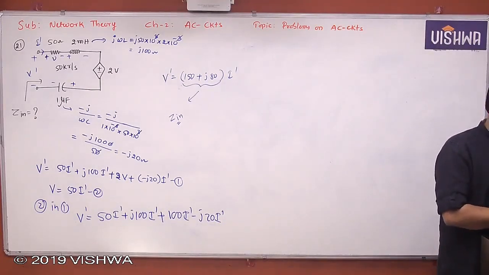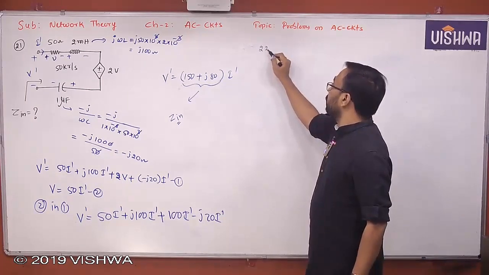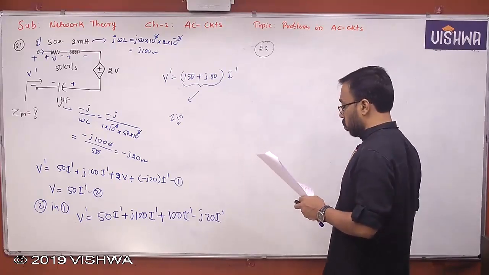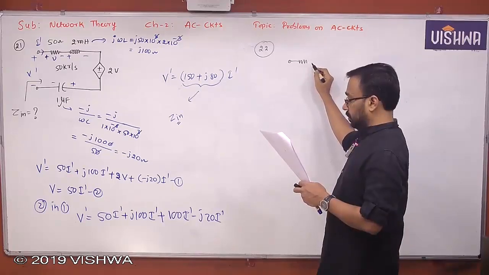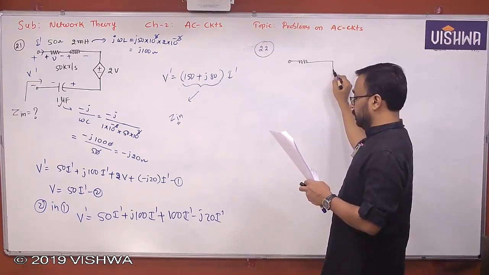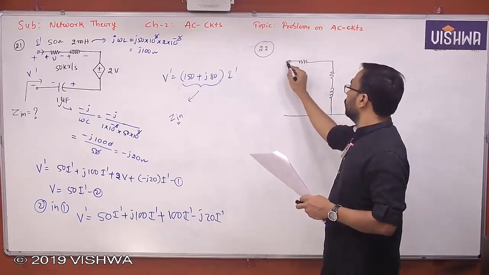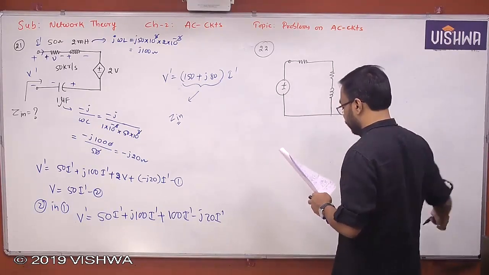Let's go for 22 later. First you finish that. Meanwhile, I will note down that circuit diagram here. This is the network given.